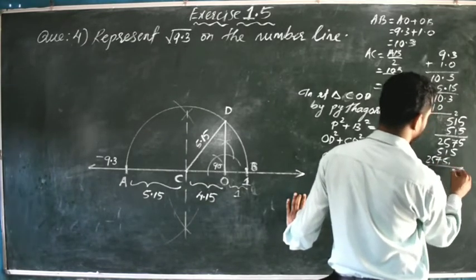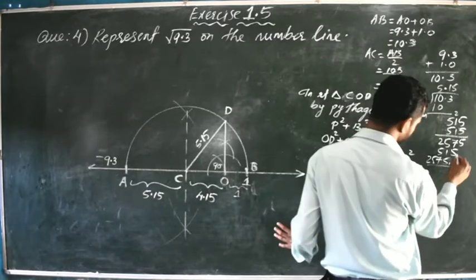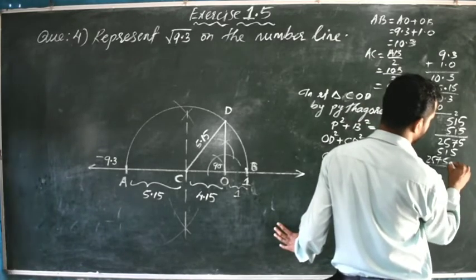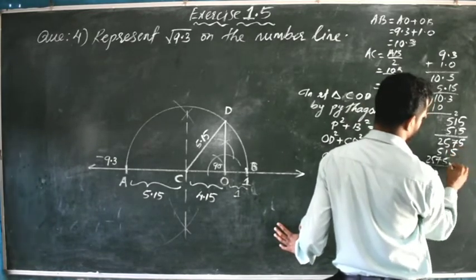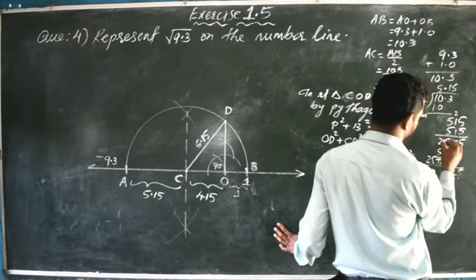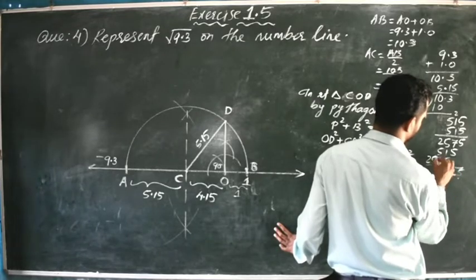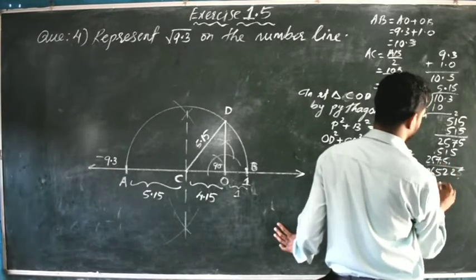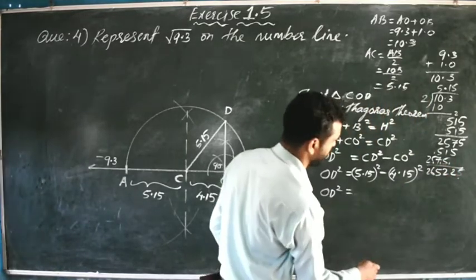Total 2, remainder 1, and we get 2, 6, 5, 2, 2. 4 decimal points means it will come.